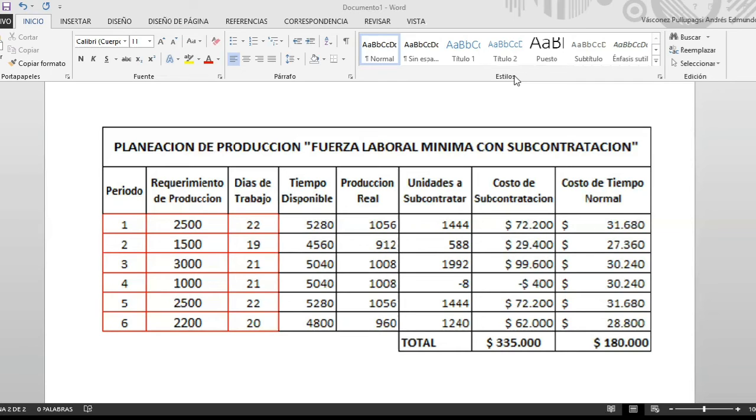The next step is to determine the missing units, in this case the units to subcontract. For example, units to be subcontracted is 2500 less 1056. Units to be subcontracted is 1444.